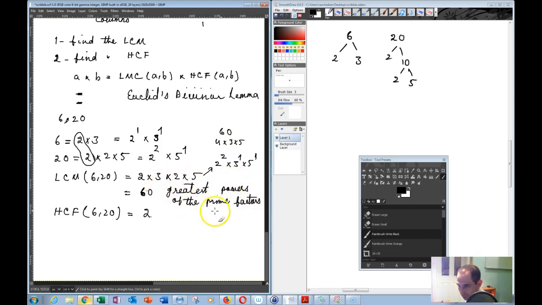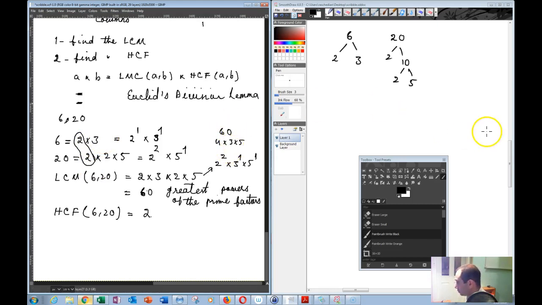So that's basically one good way to state formally what we did over here. And what that means is that the LCM of these two numbers is the greatest powers of the prime factors that you can find in those two or more numbers.